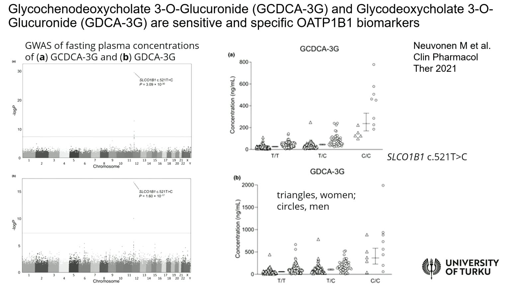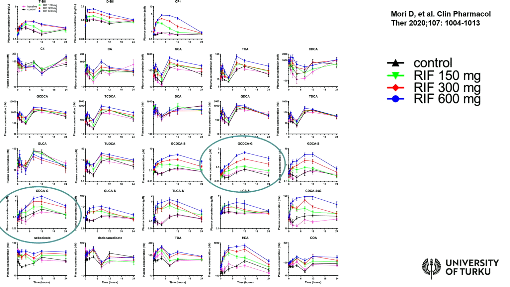And this has actually been studied with an index inhibitor, the same study as I showed before by Mori et al., studying different prospective OATP1B1 biomarkers. This seems to work quite well here as well.